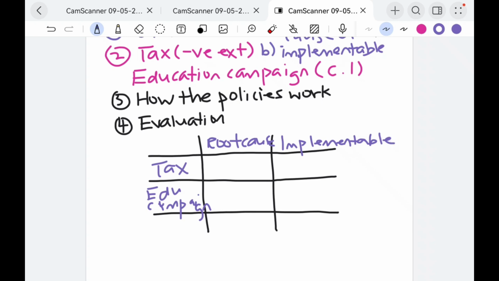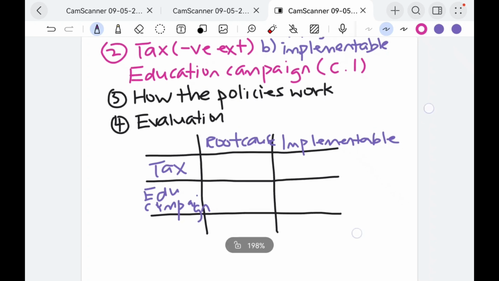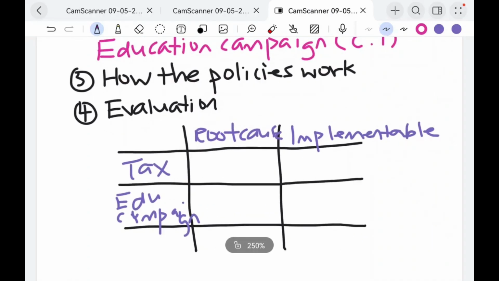So here, when we look at tax, does it address the root cause of the market failure? For tax, it is targeting the presence of negative externality, and we know that how tax works is that it will take on the size of the negative externality that is produced and force the suppliers, because they are the ones that produce without caring about the third party negative impact to the environment.